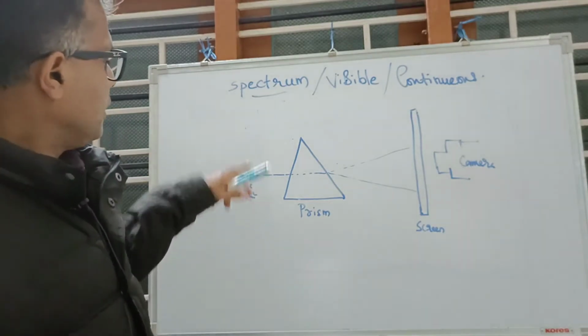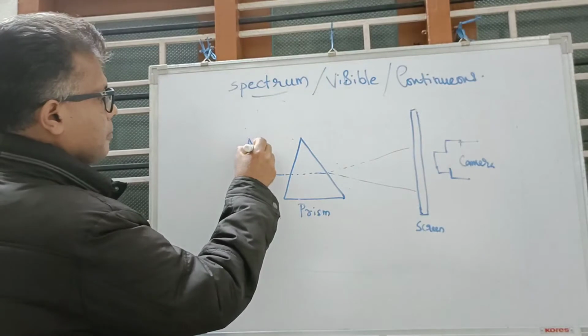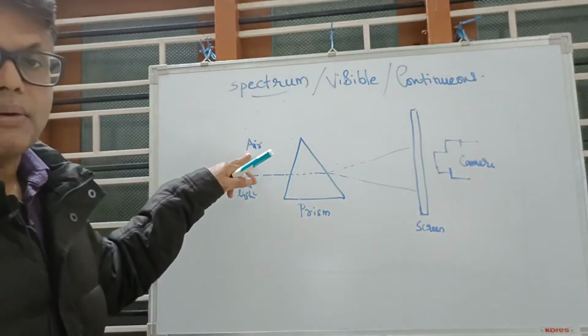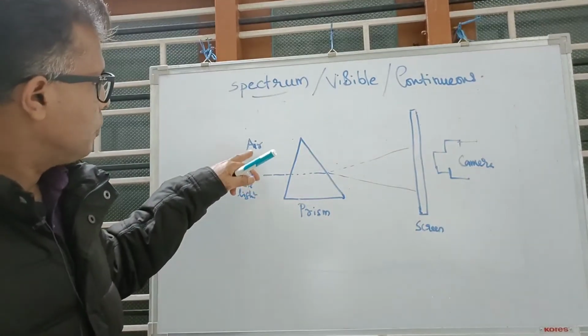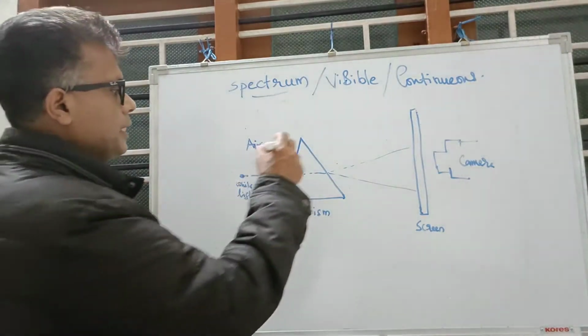Now, what is the medium here? Here it is air. The white light is passing from air to the prism. The prism medium is glass.